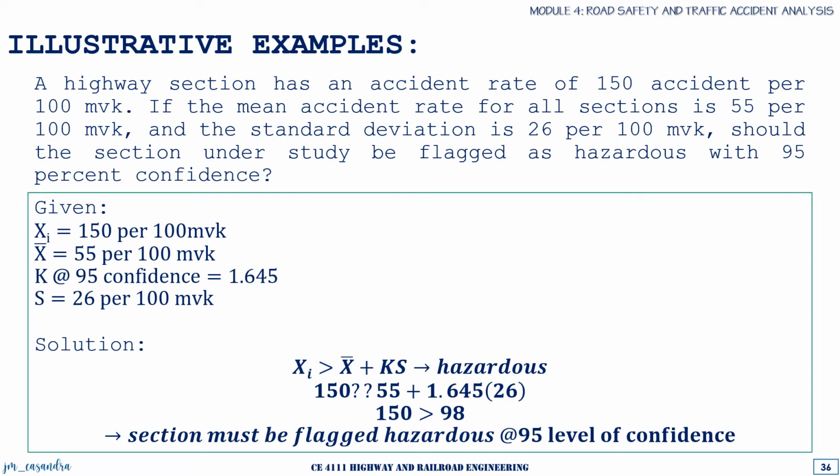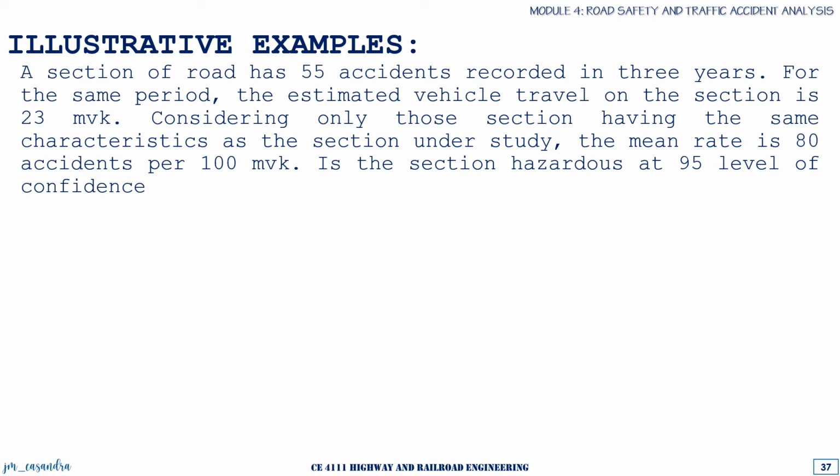Okay? So next, we have a section of road has 55 accidents recorded in a span of 3 years. For that same period, the estimated vehicle travel on the section is 23 MVK. Considering only those sections having the same characteristics as the section under study, the mean rate is given at 80 accidents per 100 million vehicles per kilometer.